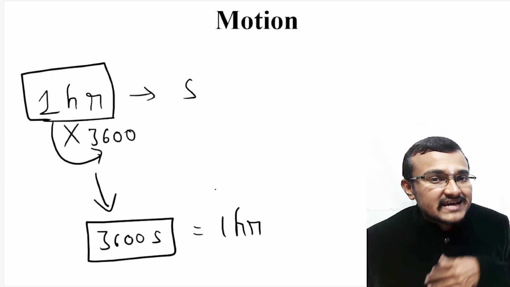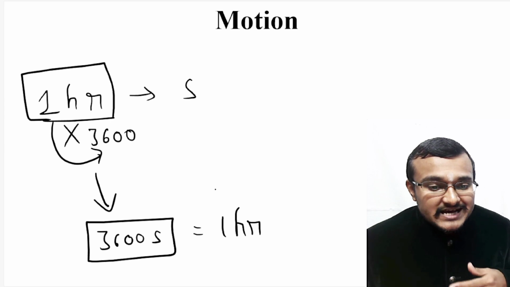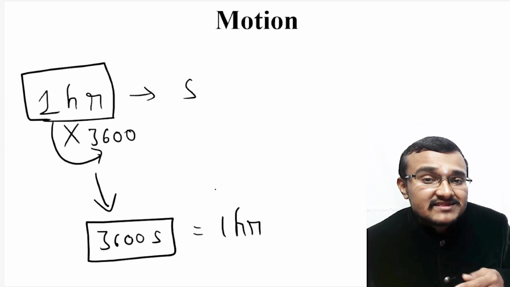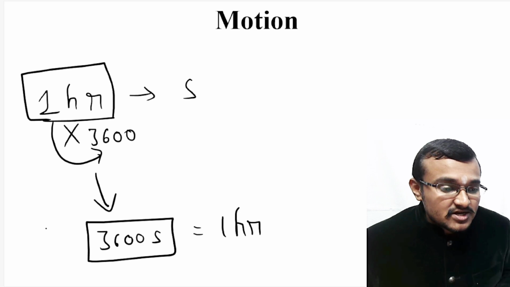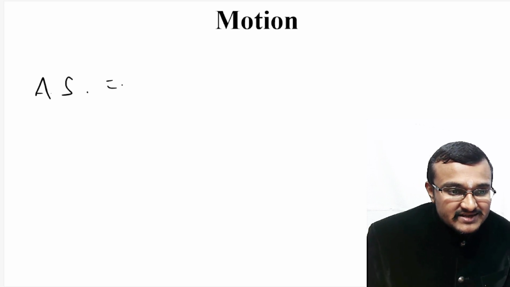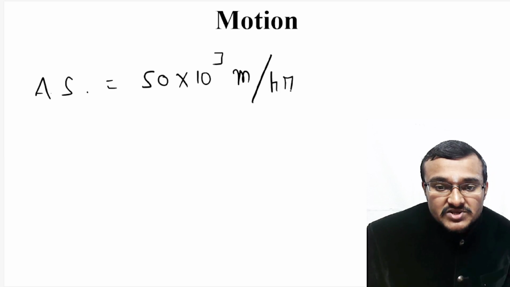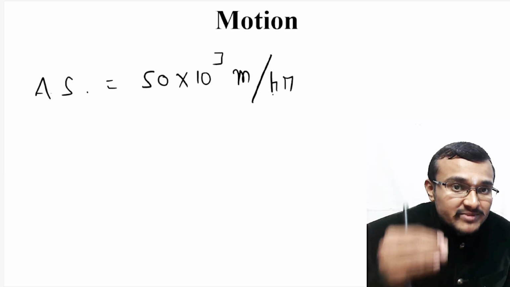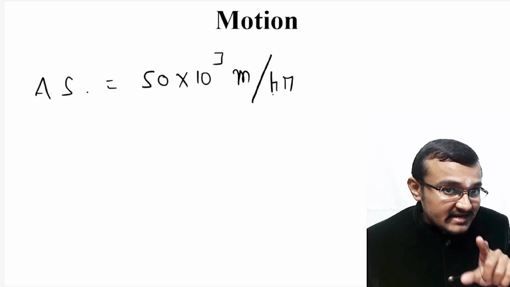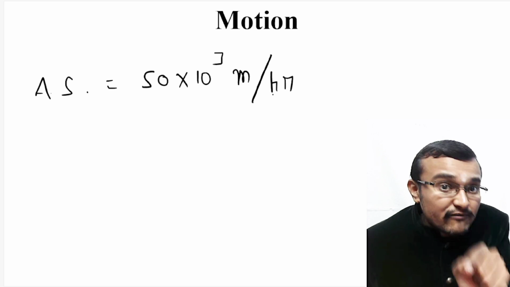So if you want to convert anything in hours into seconds, you should multiply that with 3600 seconds. Now coming back to the problem, we got average speed equal to 50 into 10 power 3 meter per hour. Remember, hour is in the denominator. Now you should convert that hour into seconds, so you should multiply the hour by 3600 seconds.